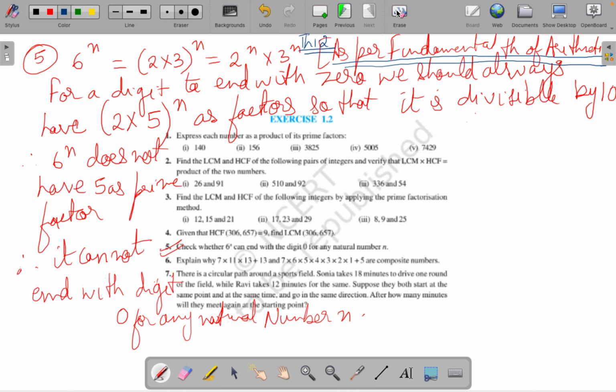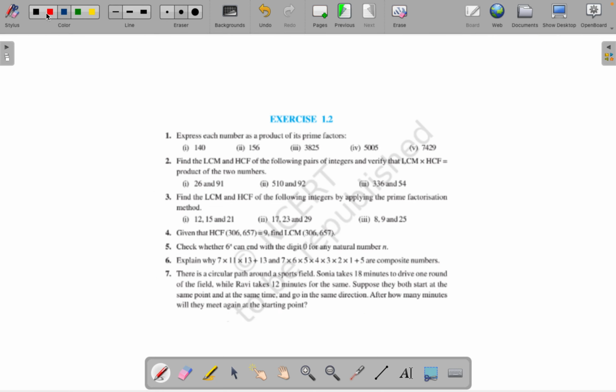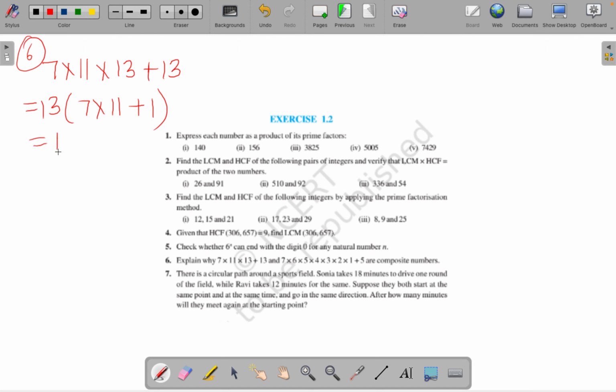Okay. Now question number 6, very important one. I will do the first part for you. 7 into 11 into 13 plus 13 are composite. You have to explain. Check करो. Can I take 13 common children? तो अंदर क्या रह गया? 7 into 11 plus 1. So that is 13 into 78. तो आपको दिख ही रहे हैं, more than 2 factors हो ही गए. 13 into 78 into 1.